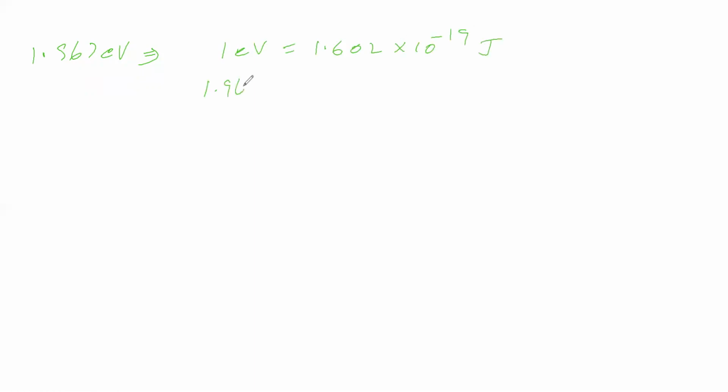So 1.967 electron volt is 1.967 into 1.602 into 10 to the power of minus 19 joule. So we converted the electron volt into joule.